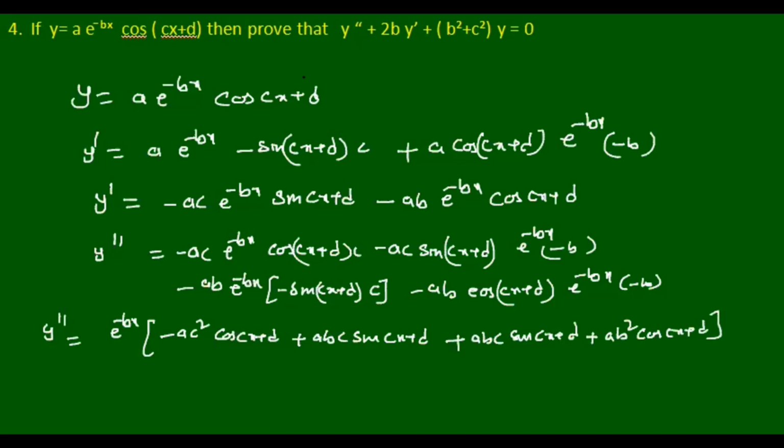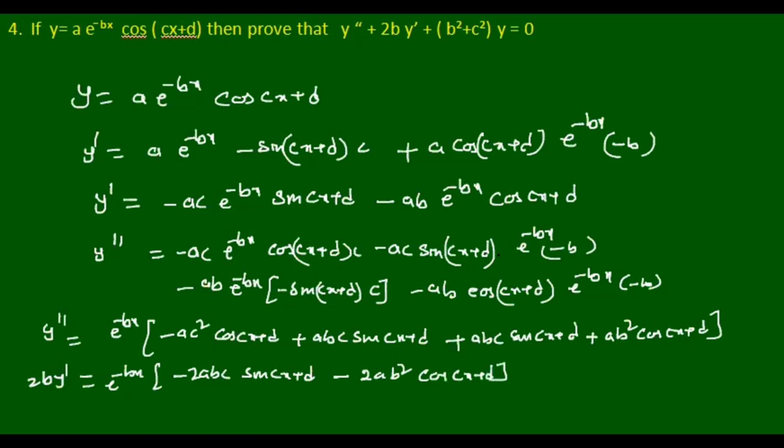If you multiply y dash with 2b, 2b y dash is e power minus bx into minus 2abc, 2b into ac is 2abc sin of cx plus d, and then minus 2ab square cos of cx plus d.